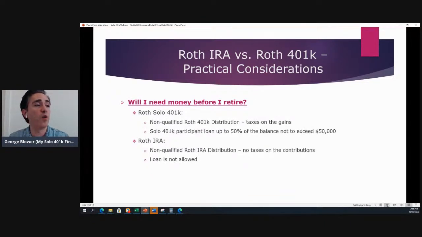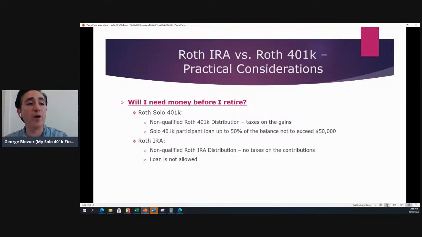Will I need money before I retire? With the Roth solo 401k, when you take the money out, you're going to pay taxes on the gains. Remember, it's prorated. On the flip side, though, you could take a loan. So maybe that will meet your needs, right? You can take a loan of up to 50% of the balance, not to exceed $50,000.